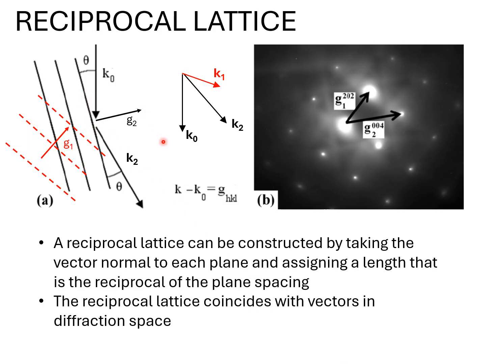So if we were to imagine a lattice in space built up of these vectors, this G vector here would be represented by a point in reciprocal space. And this G2 would be another vector over here, represented in reciprocal space. The beauty of the TEM is that it samples reciprocal space.